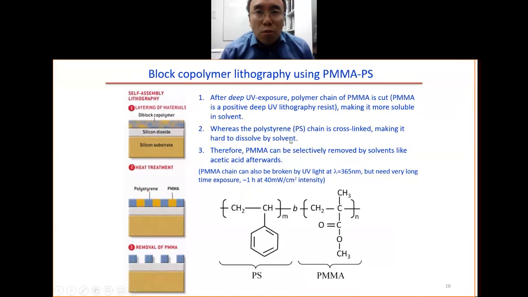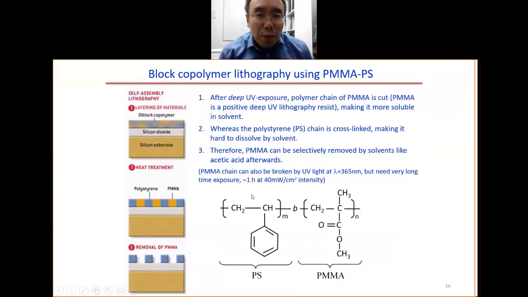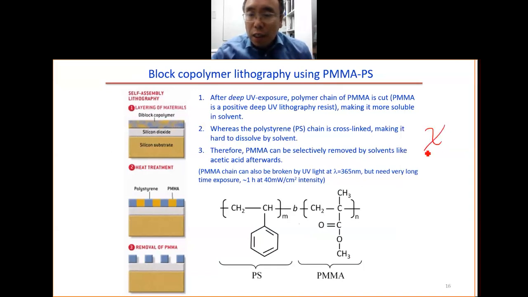Another way to do the pattern transfer, this is another example, is PMMA block polystyrene. At the moment, this block polymer is the most popular. For this block polymer, the chi, the Flory-Huggins number here, is not very big. That means the resolution is not so good.